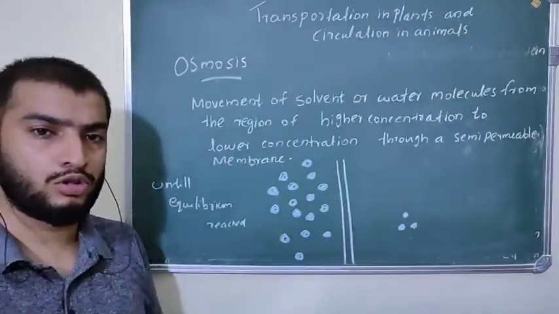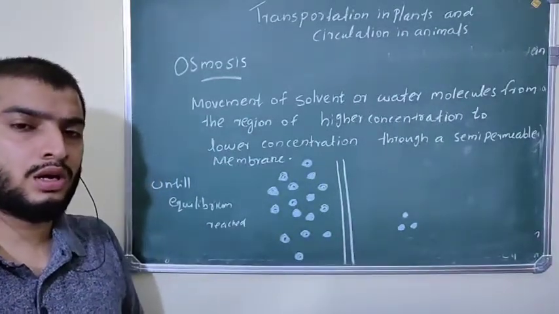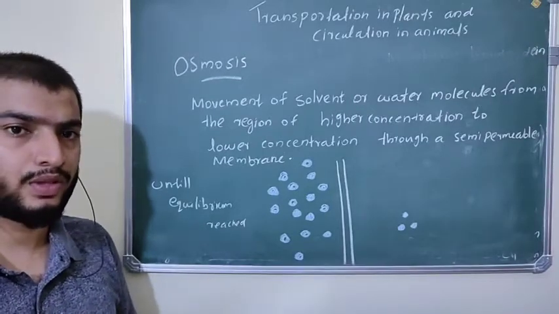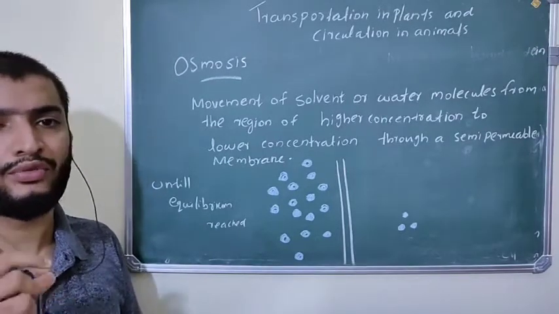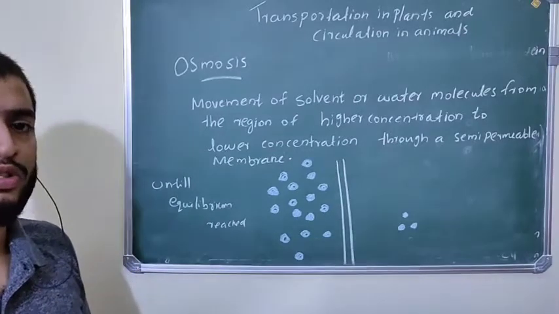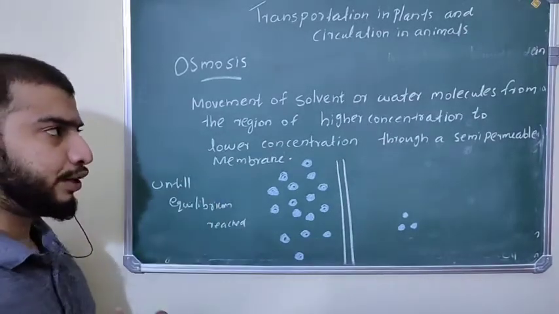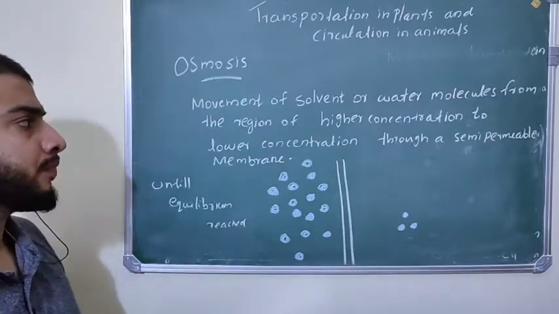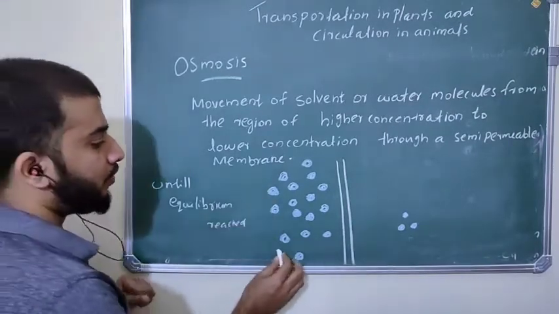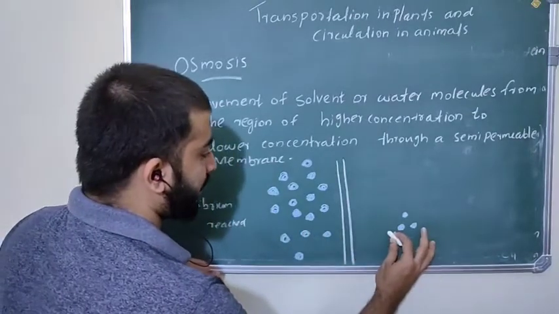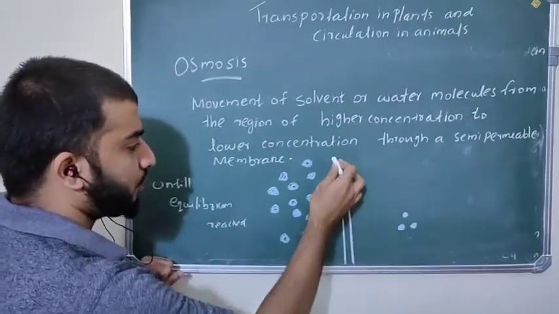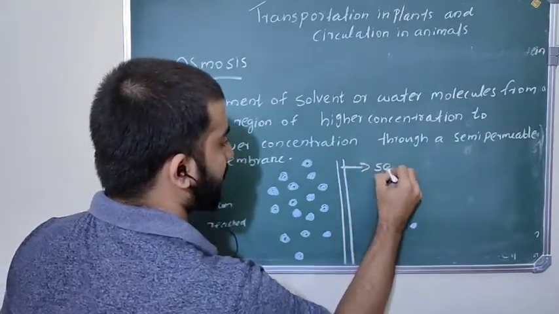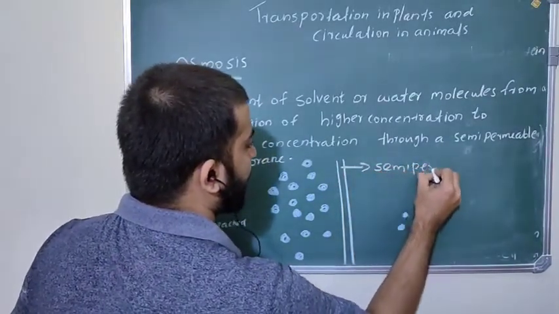Next one, osmosis. What is osmosis? Osmosis is also a passive process like diffusion, or you can say it is a kind of diffusion. In osmosis, the water molecules or solvents move from a region of higher concentration to a region of lower concentration through a semi permeable membrane. This is the semi permeable membrane.